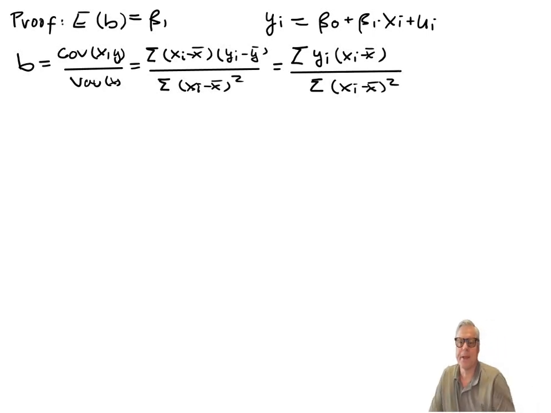Okay, so now we introduce another simplification. We assume that all the variation of the intercept or the slope coefficient is driven by variation in the dependent variable. So we assume that we always take the same sample characteristics.